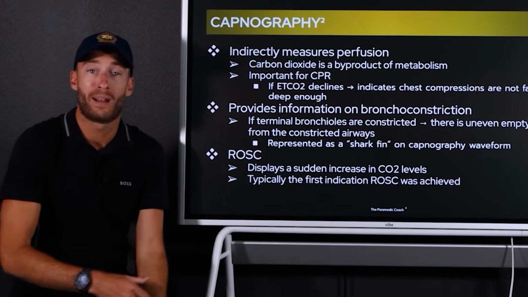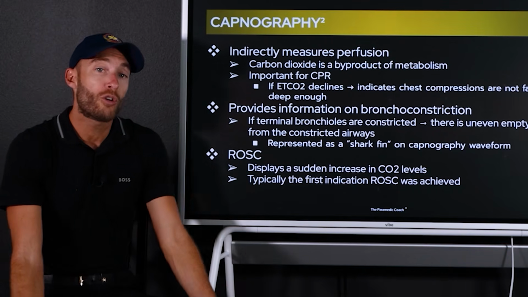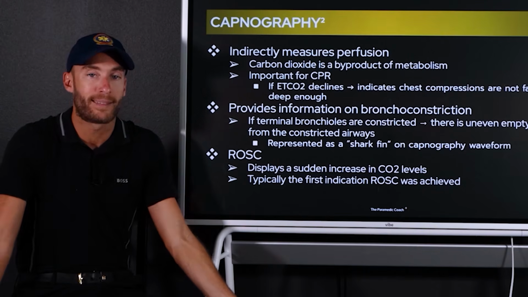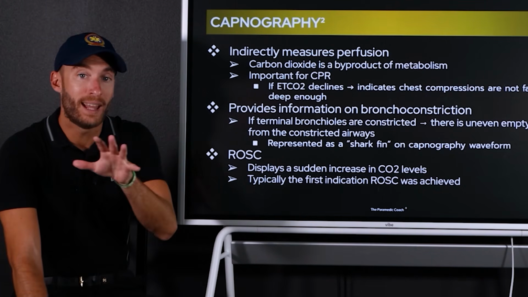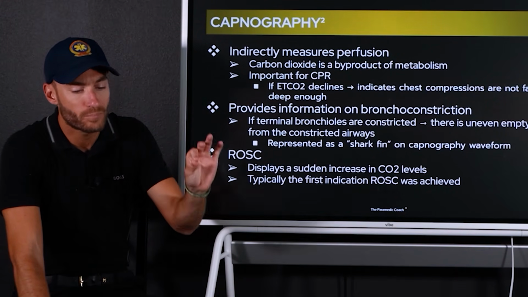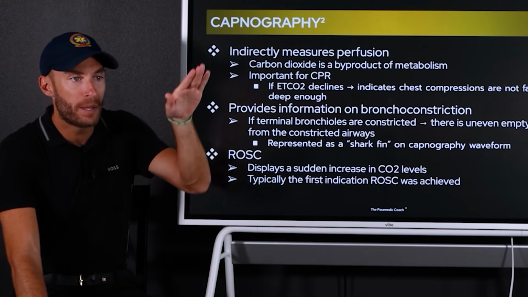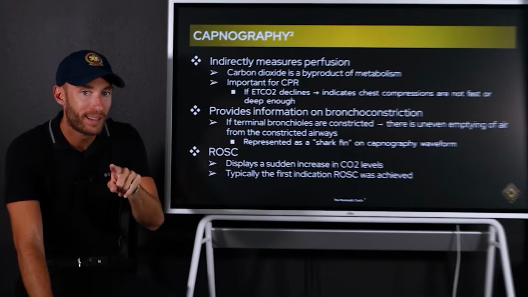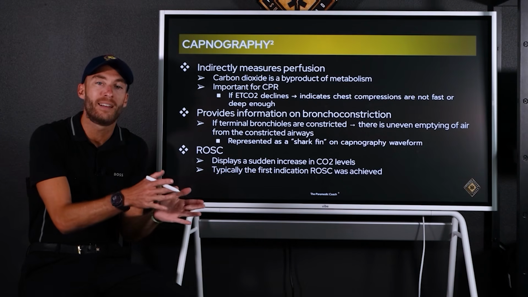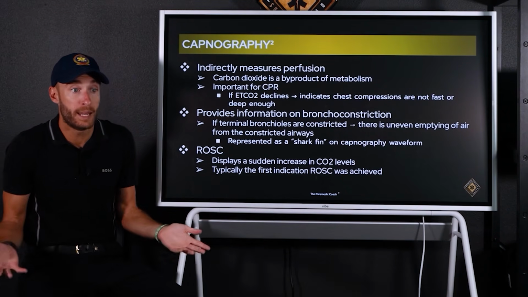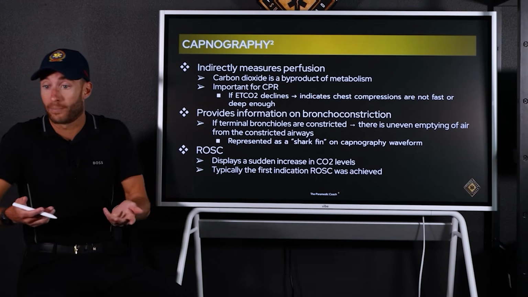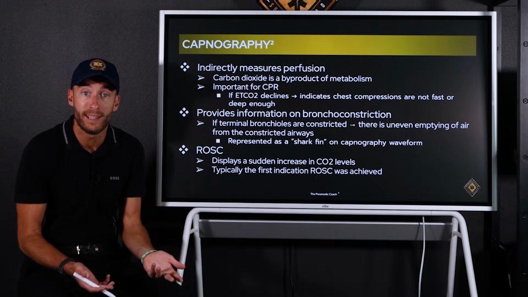Folks, we're going to talk about it, but a little preview: shark fin. If you don't know this going into the exam, you're not going to pass. We got to understand the end-tidal waveform. These are easy questions. We got to get this down. Now, if I see that shark fin appearance on end-tidal, that means I got bronchoconstriction. What does that mean? I got tight airways, meaning I probably got one of the three culprits: anaphylaxis, asthma, or COPD.